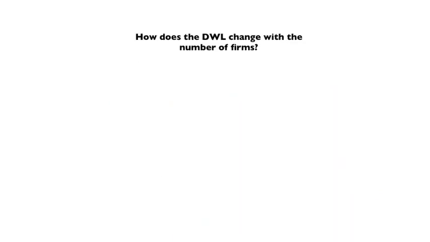Now, given those results, we can easily compute the deadweight loss as a function of the number of firms F. What we get is 1/2 of the price in oligopoly we just derived as a function of F minus the price in competitive equilibrium, which is mu, times the difference in the quantity produced in the competitive equilibrium minus the quantity produced in the oligopoly.